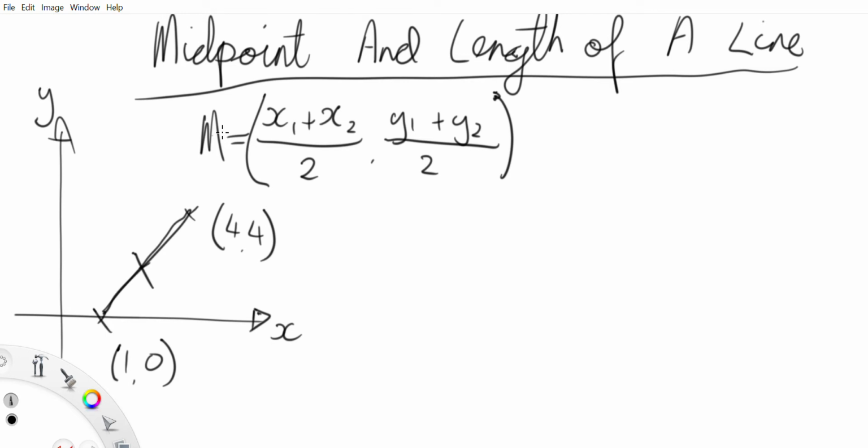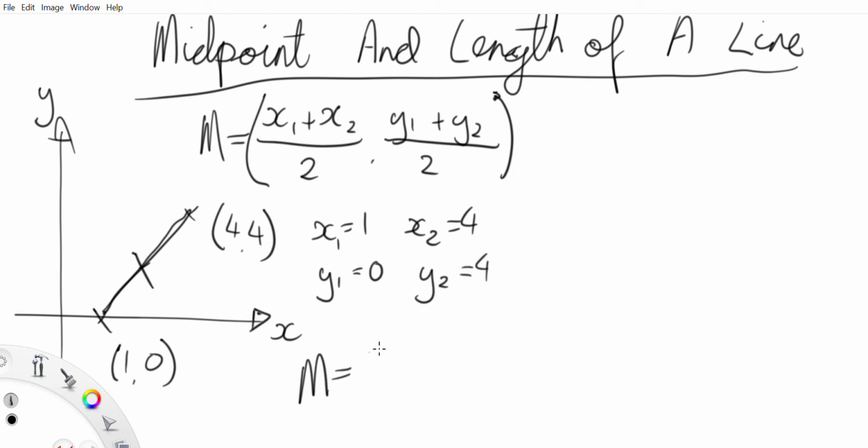So we would write down our capital M, and then we know that x1 equals 1, x2 equals 4, y1 equals 0, and y2 equals 4. We can substitute those in, so M equals 1 plus 4 divided by 2, and then for the y, 0 plus 4 divided by 2.